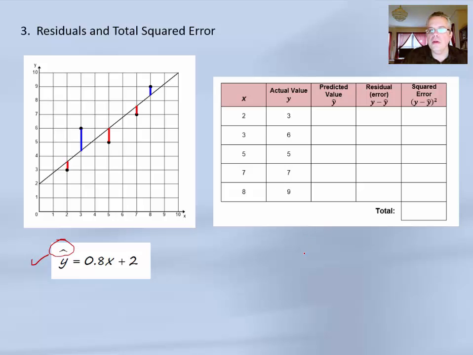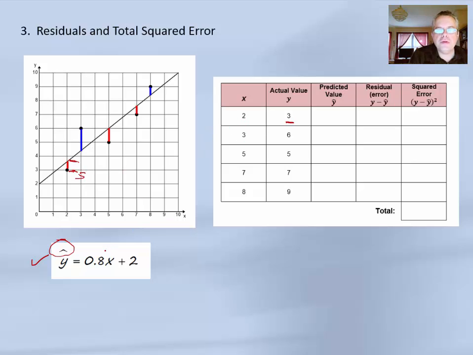Okay, here we go. So what we're going to do is find the difference between the actual y value of the data point and the y value on the line. So for this first point, when x equals 2, the actual y value is 3. That's the value of the data. When x is 2, the data point is at 3.